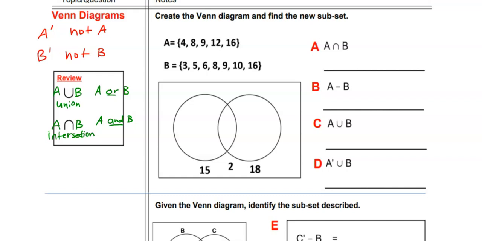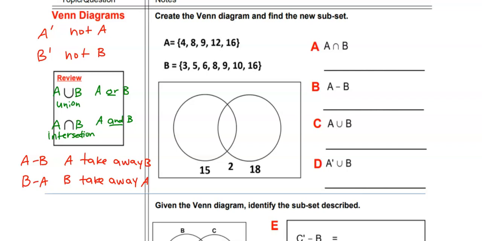And then a new one here, if you see A minus B, that means A, but take away B. And vice versa, if you see B minus A, that means B, but take away A. And we'll see a couple examples of that, so that should help clear up what that means.